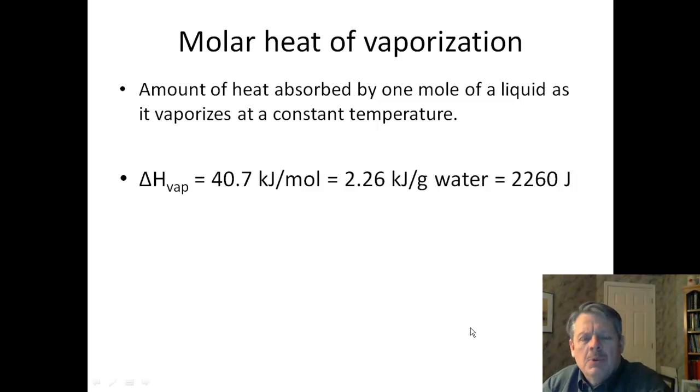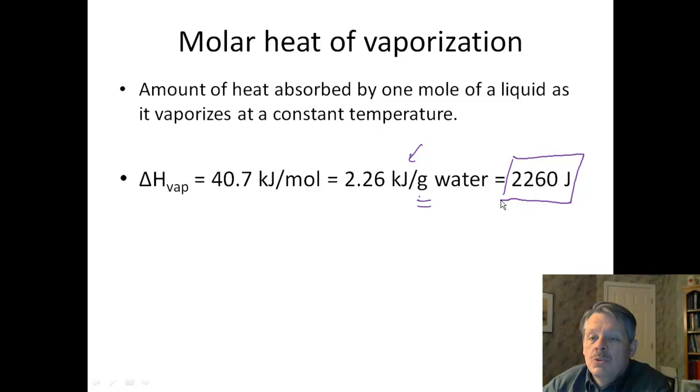Let's try and put that in terms you can understand. 40.7 kilojoules per mole is the same as 2.26 kilojoules per gram of water, because there are 18.015 grams of water in 1 mole. And remember, this is kilojoules, so this is 2,260 joules of energy.